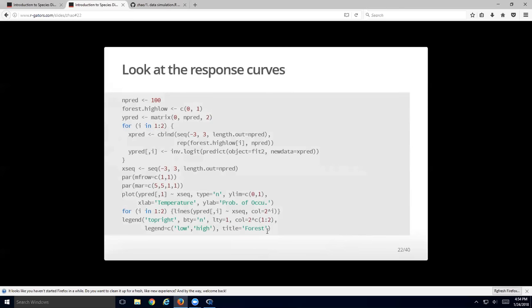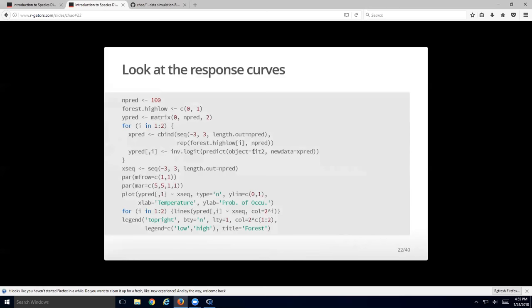I have some code for this. Since forest is a value from 0 to 1, I use this forest high-low, so it's either 0, which means the lowest value the forest variable can take, or 1, the highest value the forest variable can take. And I predict some response variable. So X predict is the fake covariates there, and I use a predict function here.